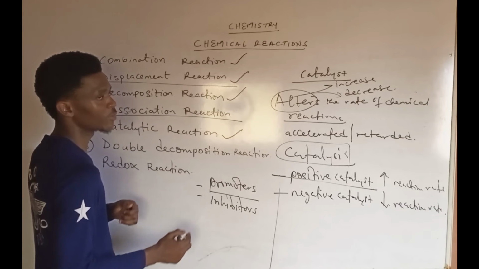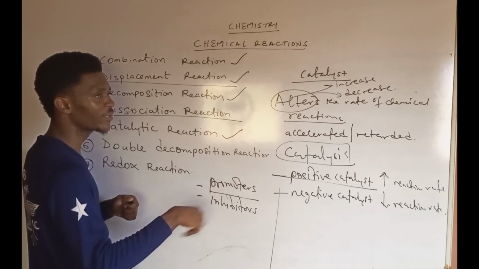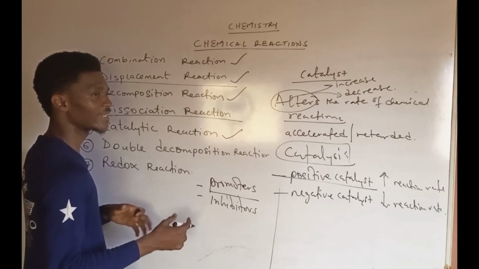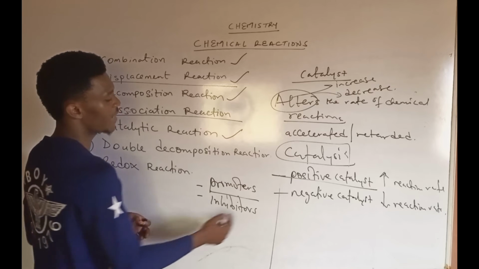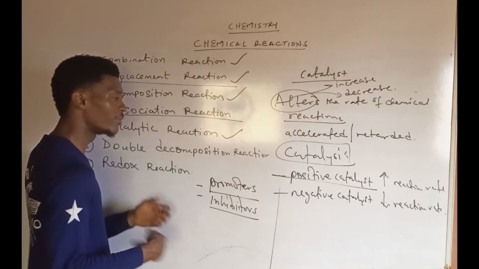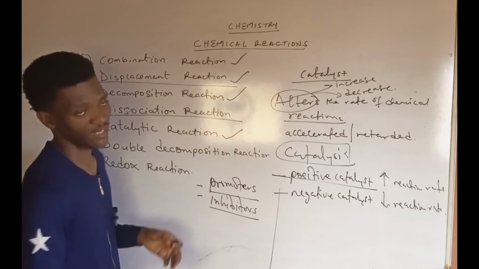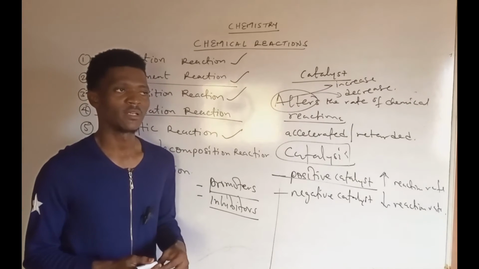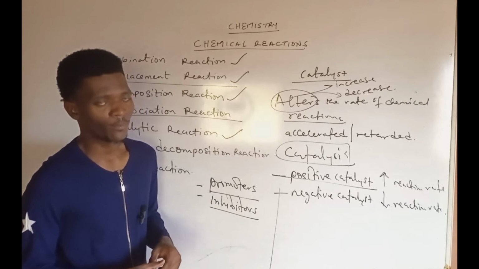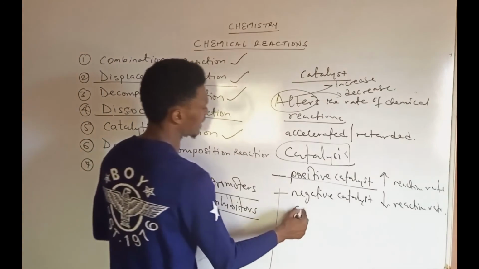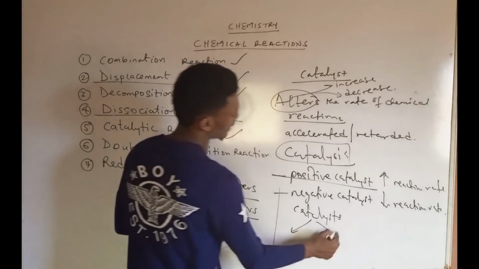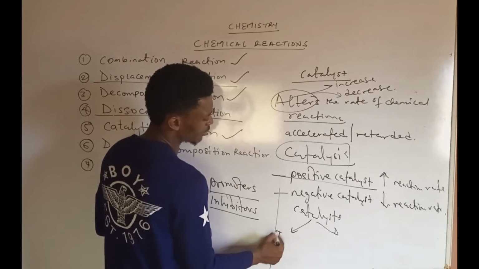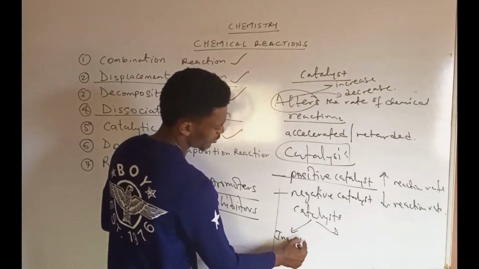Promoters are simply agents of a catalyst that tend to increase the reaction rate and assist the catalyst to carry out that reaction. Then inhibitors tend to slow down reaction rates of a catalyst. Okay? Now, mind you, do you know that catalysts could be divided into two parts? We have inorganic catalysts.